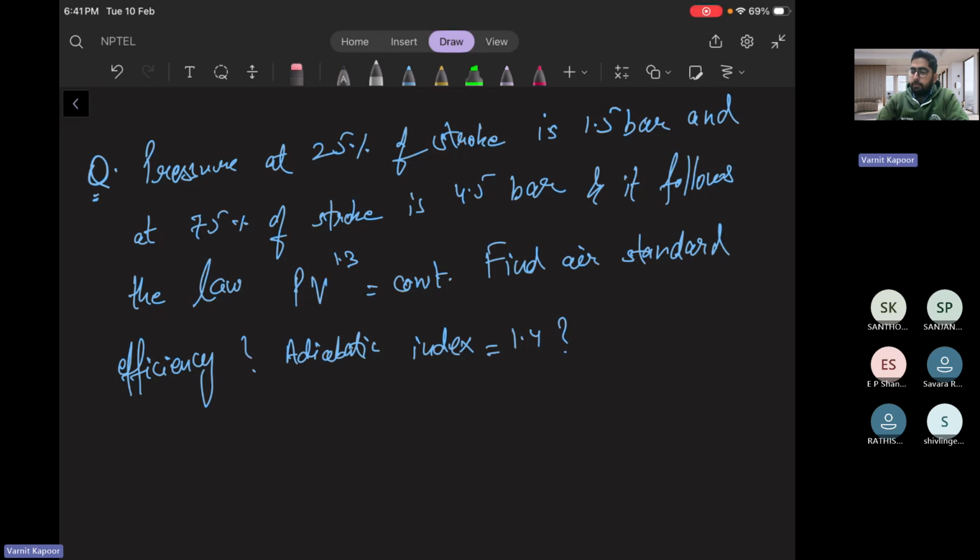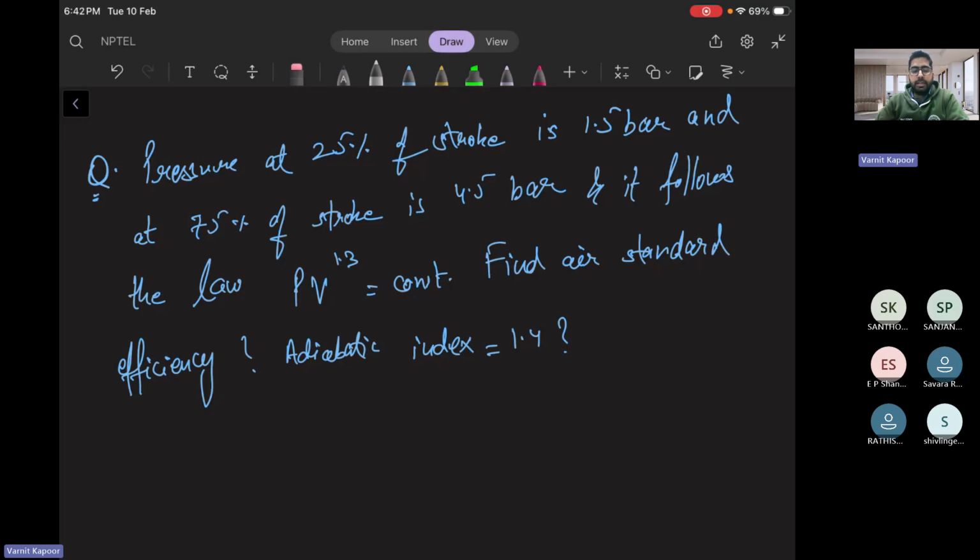Isentropic comes when the process is adiabatic and reversible. So the examiner has given the adiabatic index of 1.4 just to confuse the student. It won't be used anywhere, because the compression process is polytropic, not isentropic. The index is 1.3 instead of 1.4.